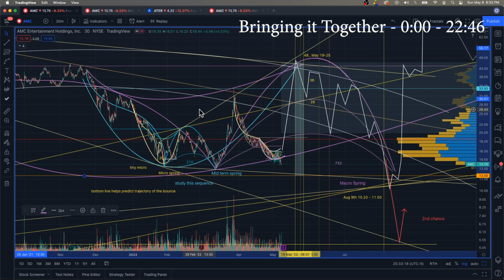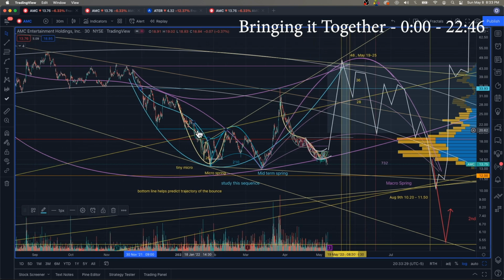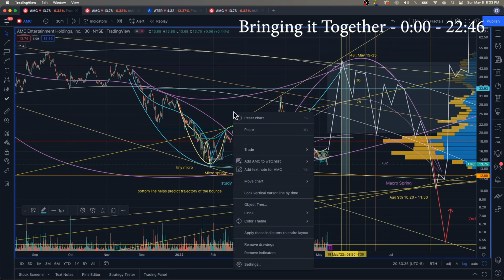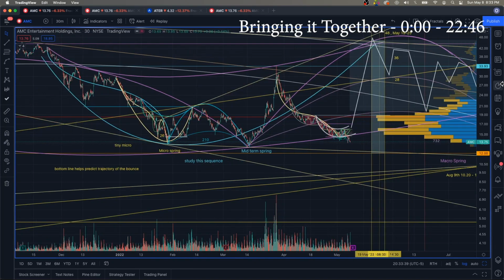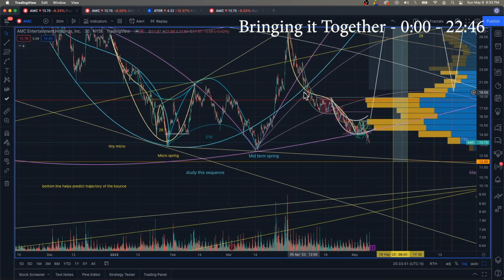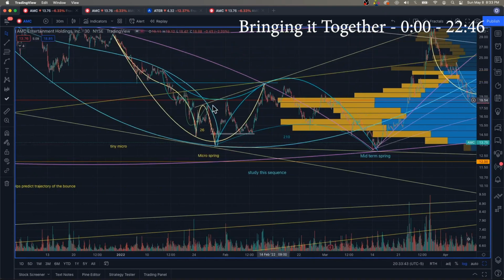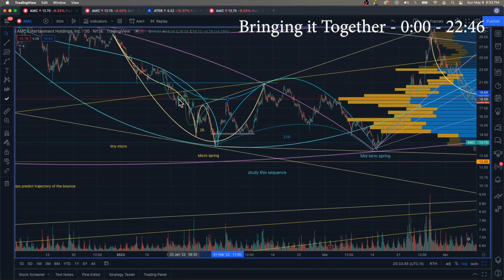Now, what's very interesting to me here is that when this came back up, it came all the way up to this 33.93 level, which is where a previous hook was, on this halfway point on the blue. If we go back and examine where the bounce happened on the previous iteration, you can see that again, it came up to here, which is where the hook was.